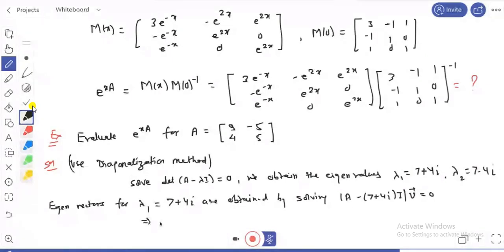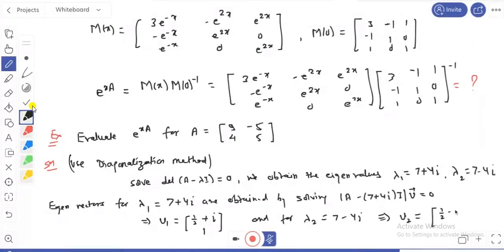Here you find v1 and v2. There are two eigenvalues, so you get v1 is half plus i and 1. This is the eigenvector corresponding to this. And for the second eigenvalue, lambda 2, which is 7 minus 4i, you get the second eigenvector: half minus i and 1.